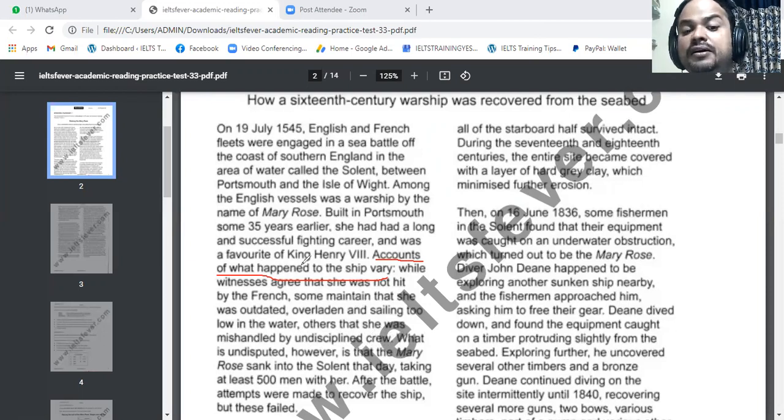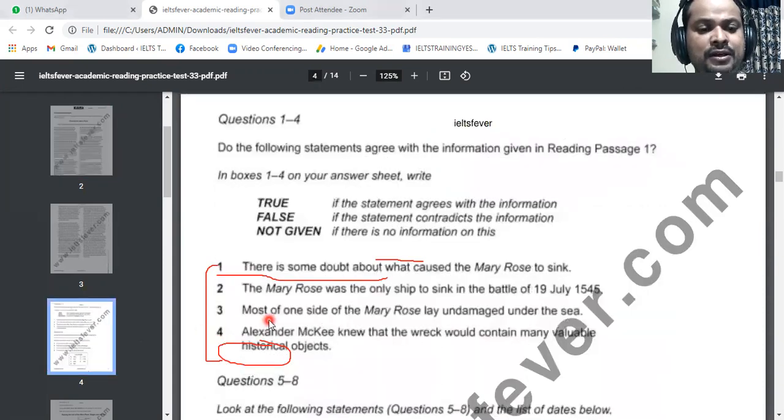So we have differences here. It clearly says only one thing is undisputed. It is not a matter regarding what happened to the Mary Rose. We don't have a clear cut picture. We have a lot of conceptions there. So this is what I understood from this area. Let's go back to the question. They said there is some doubt.